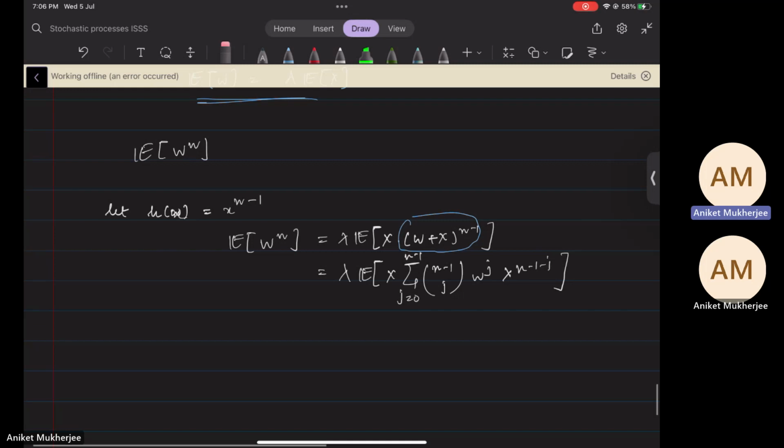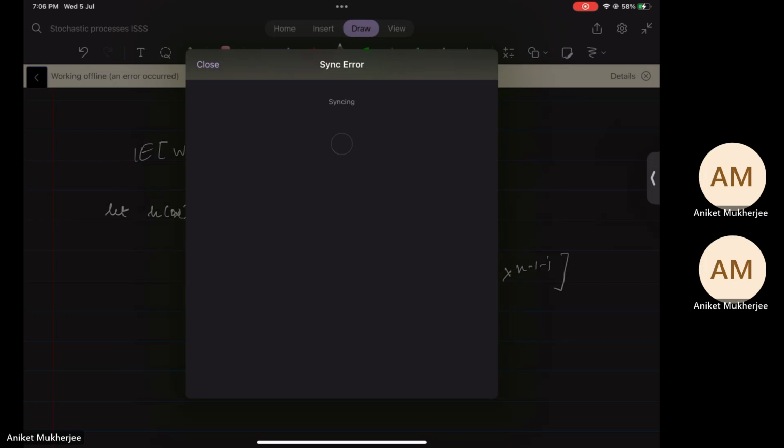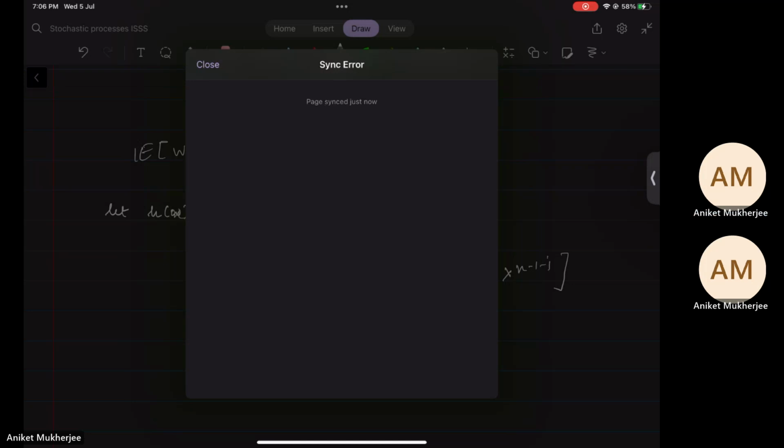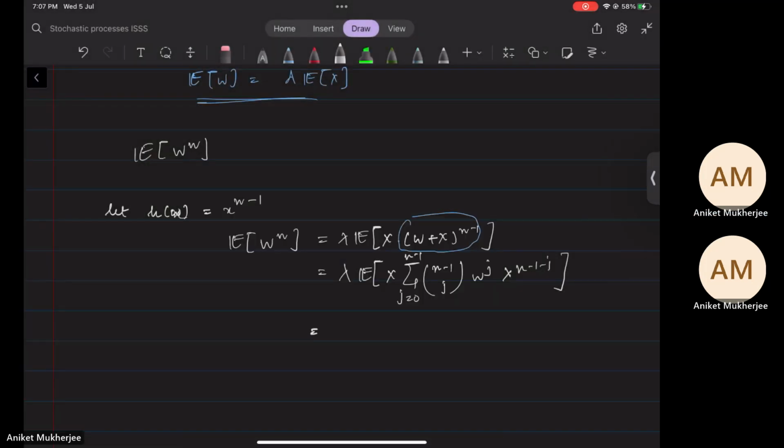Yes, and then you have lambda. Using the linearity property of expectation, now we can interchange the terms, and we have summation j equal to 0 to n minus 1, n minus 1 choose j, expectation of w power j, expectation of x power n minus j.